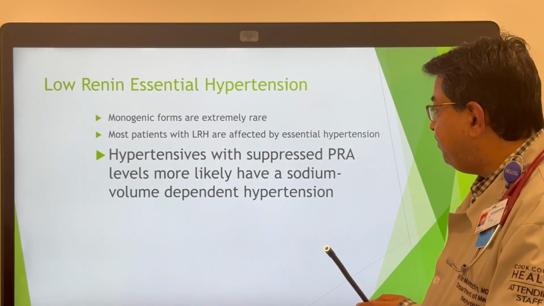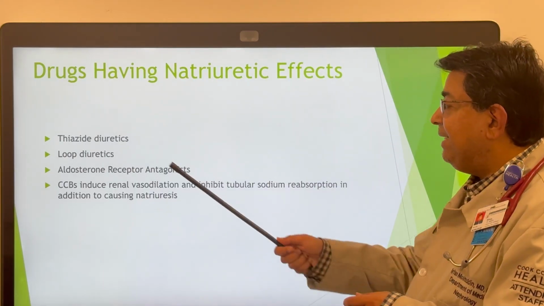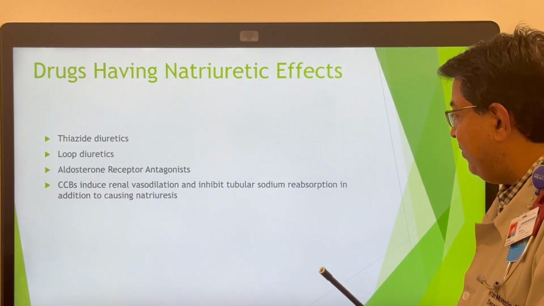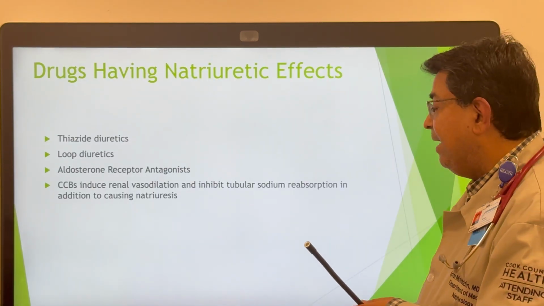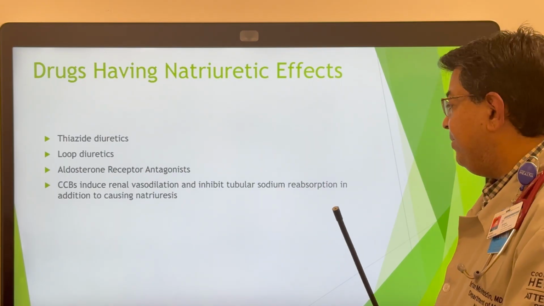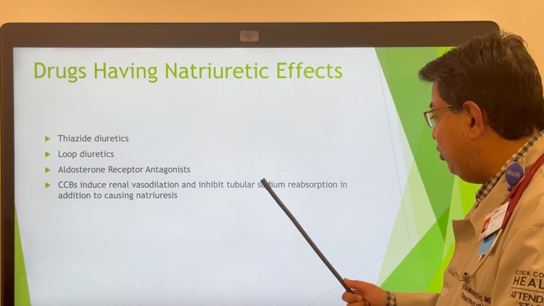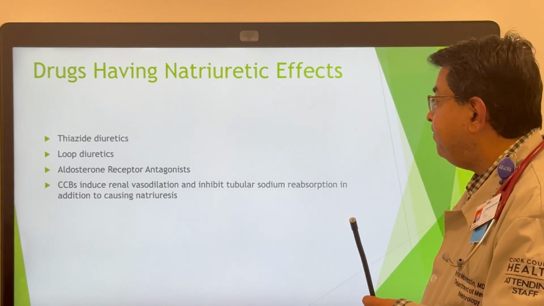Next slide. Of course, we know that thiazide diuretics and loop diuretics have natriuretic effects, and aldosterone receptor antagonists have natriuretic effects, but some of us don't know that the calcium channel blockers, which induce renal vasodilation, also inhibit tubular sodium reabsorption, in addition to causing natriuresis. Next slide.